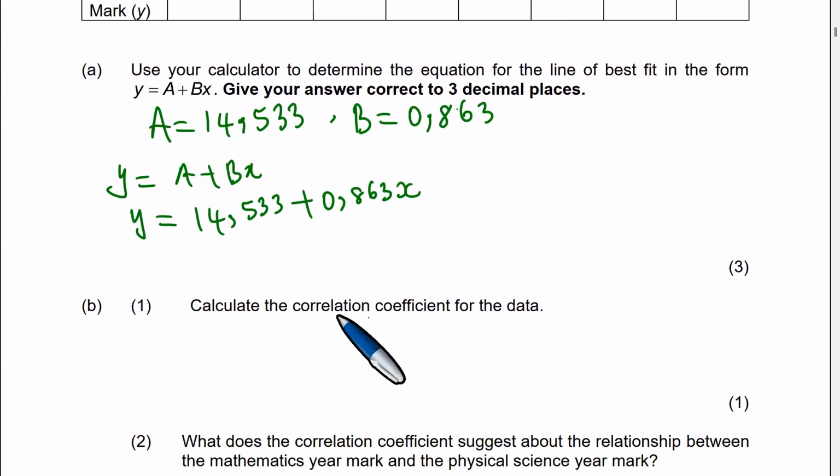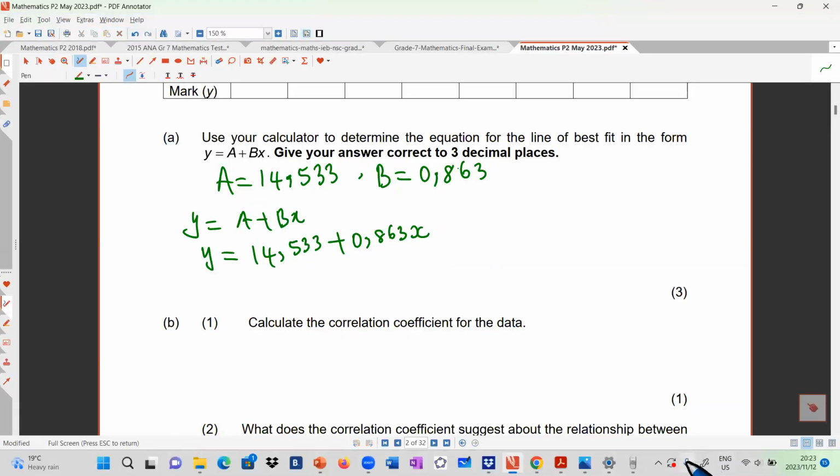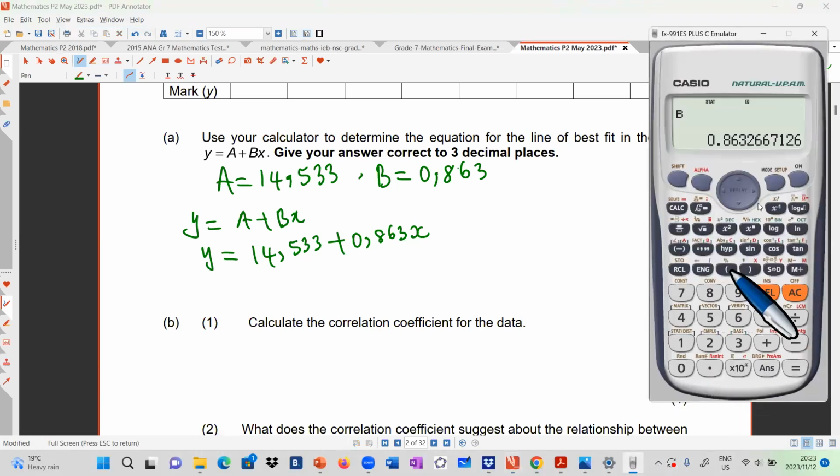Obviously, you must be able to calculate the correlation coefficient for the data. I know that that one is too easy, so let's quickly do that one. So you go on here. We have already captured the data, so we're going to do shift stat 5 regression analysis. We're interested in R, which is 3, equals. You can see that R is actually equal to 0.979.